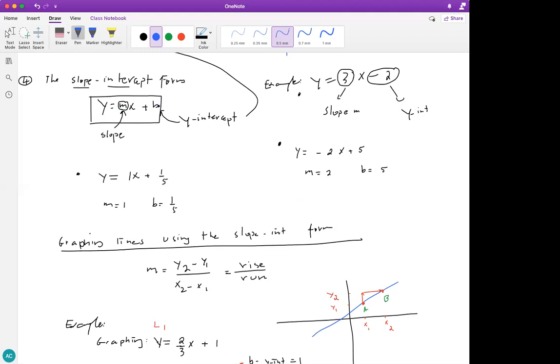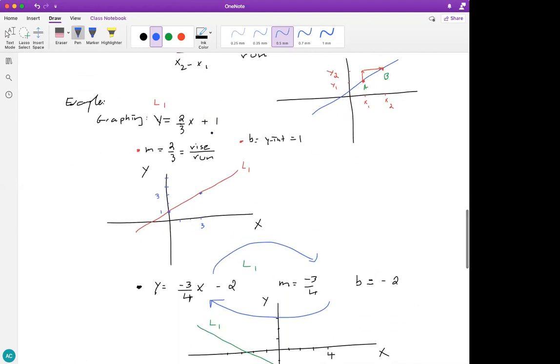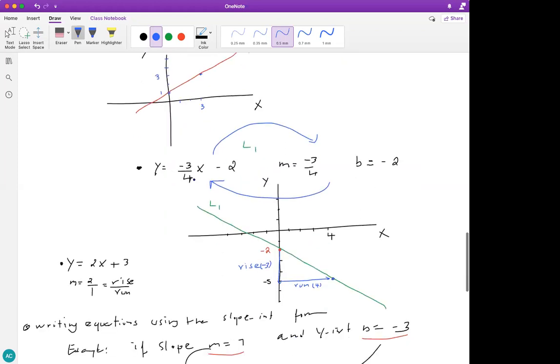It gives you the y-intercept. So you don't have to find the slope. If it's in this form, it's already there. But make sure the equation is in this form. That means the y is by itself and everything else is on the other side. In that case, the slope, or rise over run, is next to the x, and this is the y-intercept. This is where you start from when you graph. So when you graph your line, you want to start from here first on the y, then your rise and run depending on the sign.